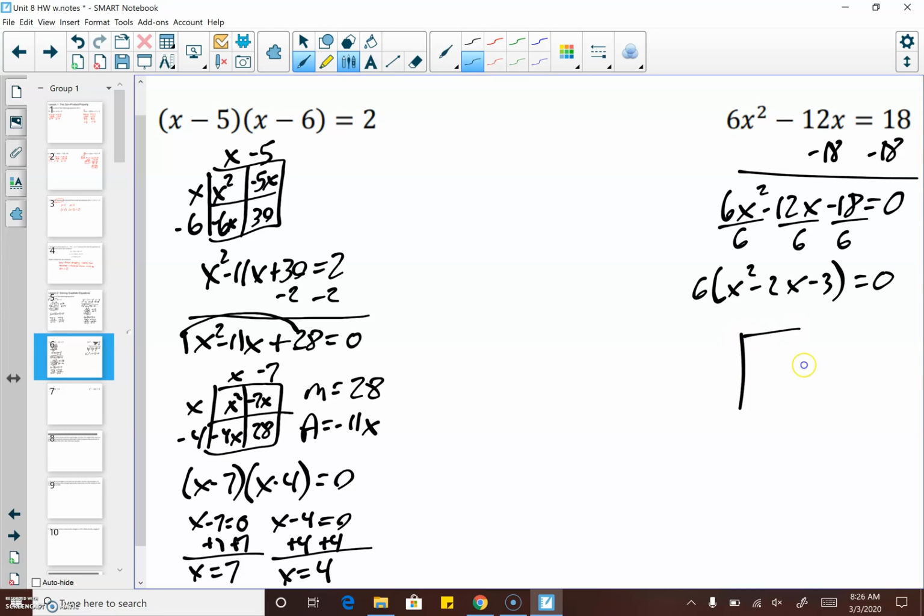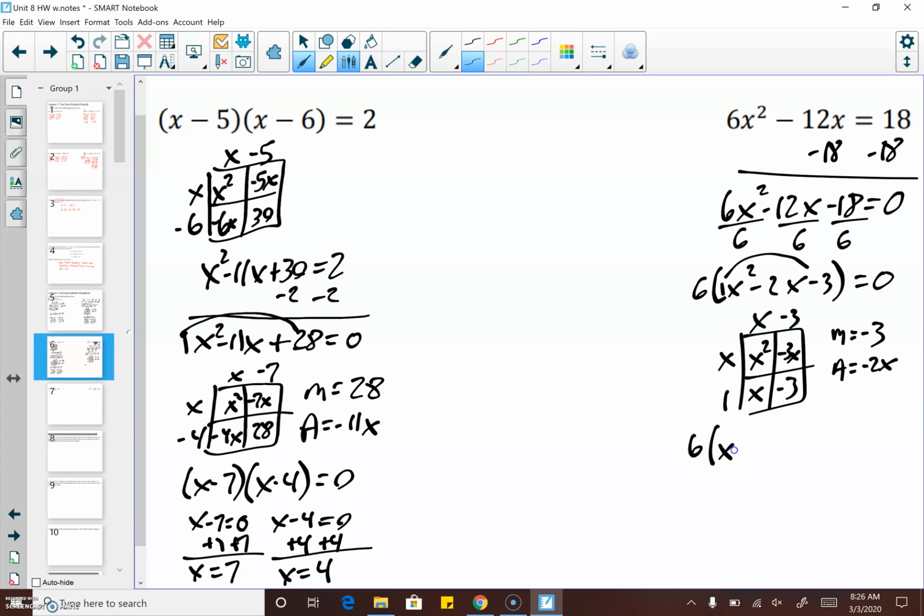And now we can put what's left in the parentheses into a factoring problem. So this is really like a factoring completely type of problem. So what multiplies to negative 3 and adds to negative 2? That'd be negative 3 and positive 1. So GCF, x, negative 3, positive 1.